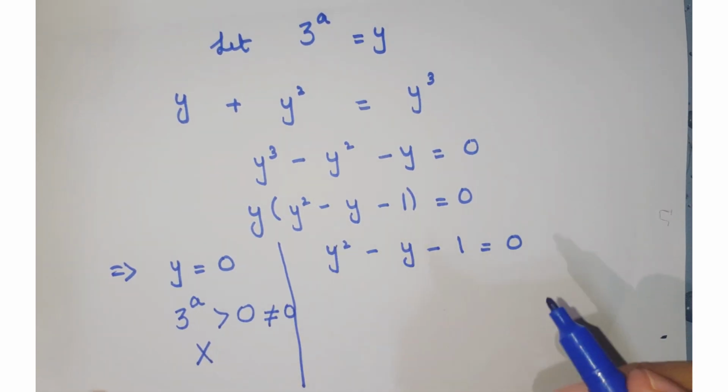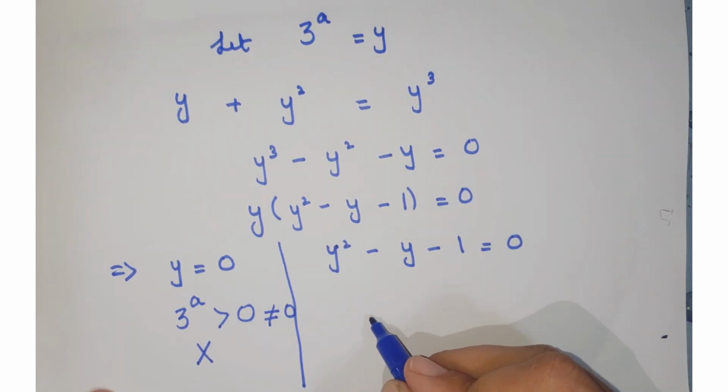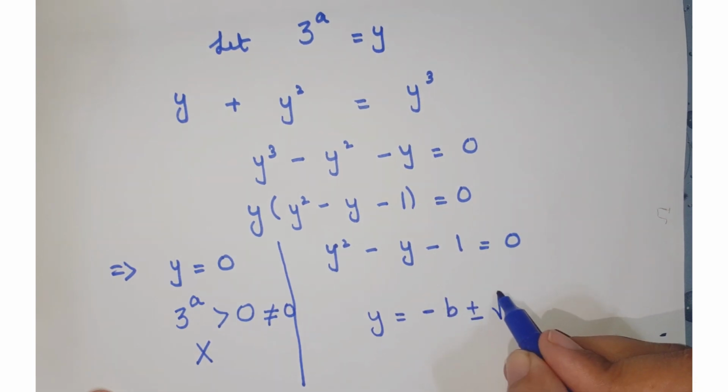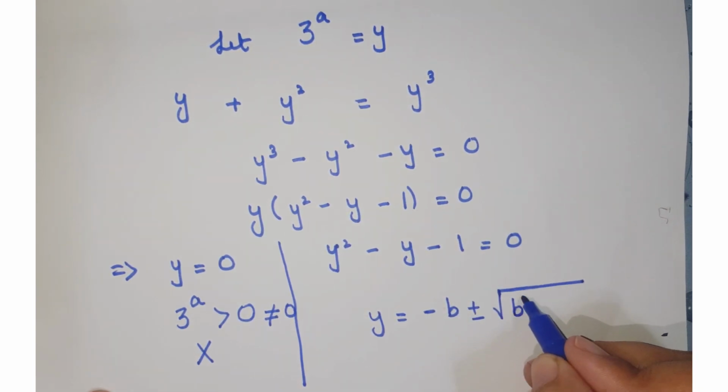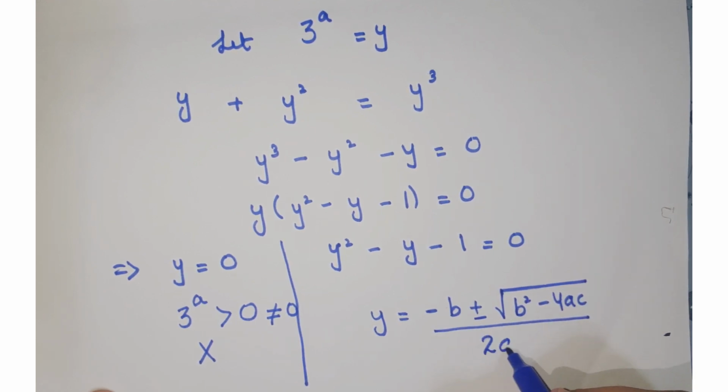Now solving this quadratic equation using the quadratic formula, y is equal to minus b plus minus under root b square minus 4ac upon 2a.